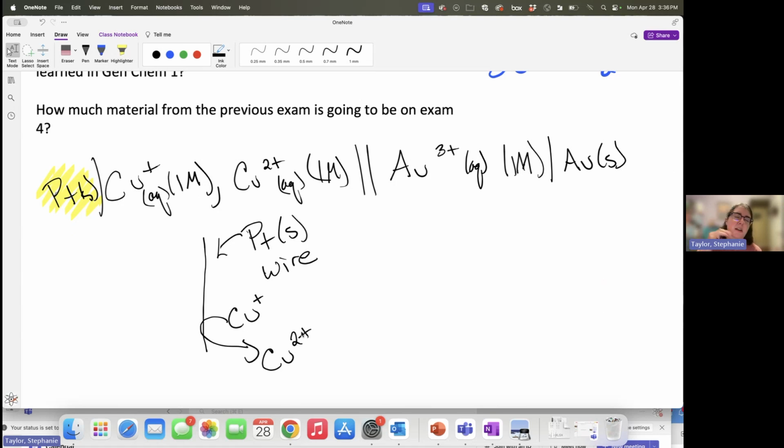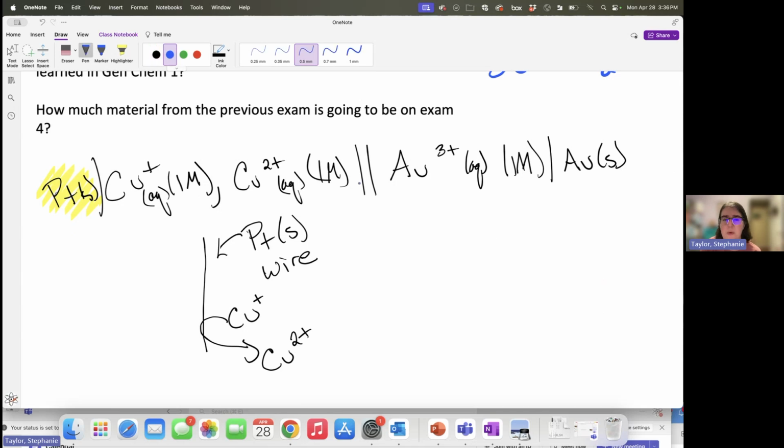So there is an idea of chemistry that's happening in different phases. You have a solid wire that is interacting with the aqueous species. Even though the platinum's not actually doing any chemistry, the platinum's just sitting there, the platinum is useful for carrying electrons.